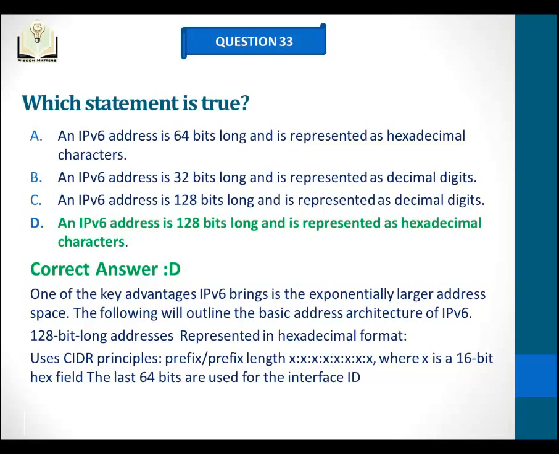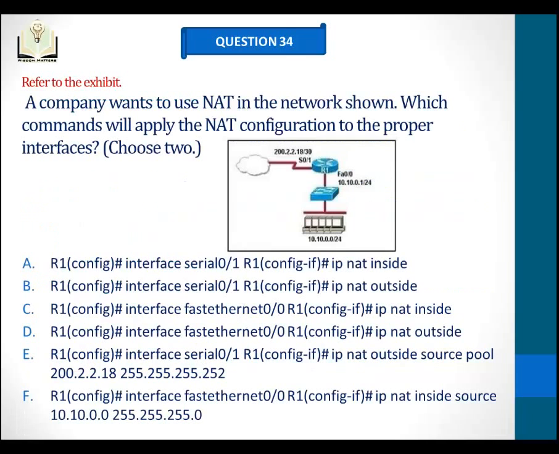In question number 34, refer to the exhibit. A company wants to use NAT in the network shown. Which commands will apply the NAT configuration to the proper interfaces? Choose 2.